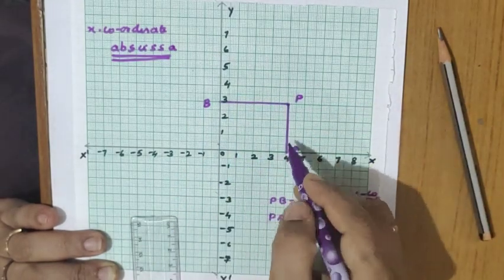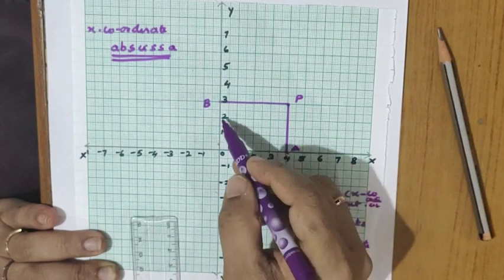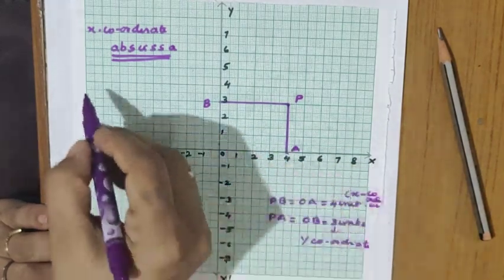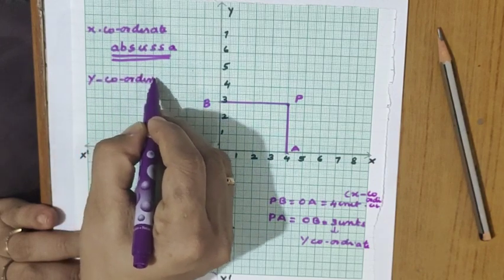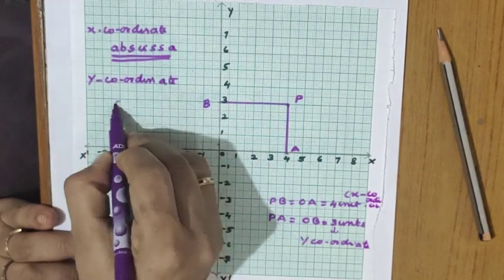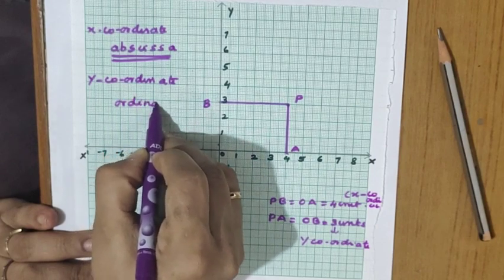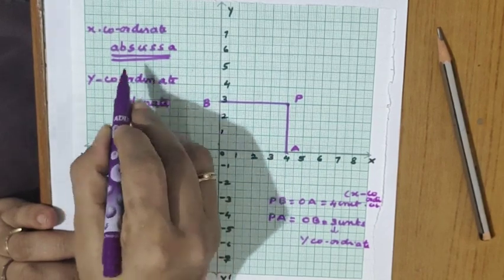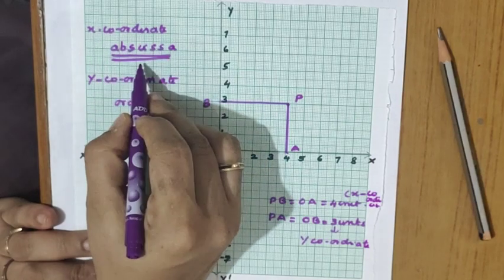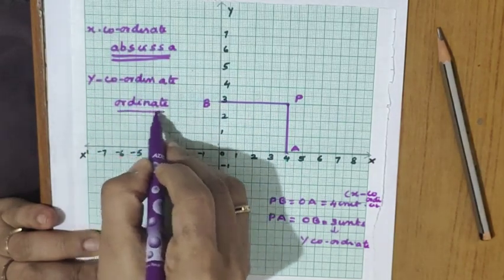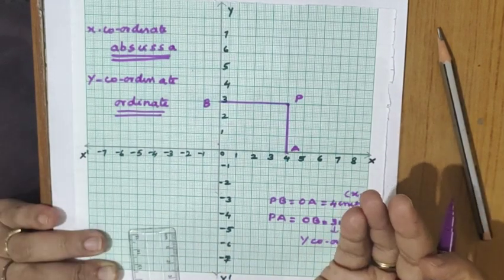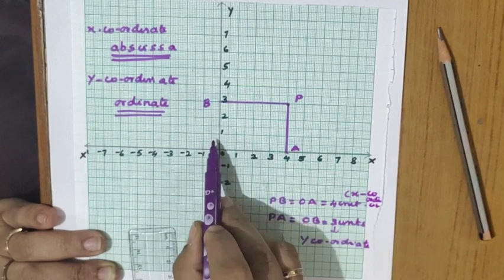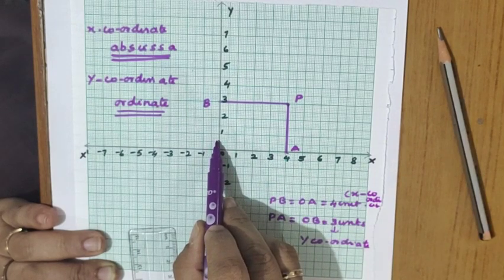So that is the definition. The y-coordinate is called the ordinate. So don't confuse it with the word coordinate. When we call the x coordinate the abscissa, the y coordinate is just called the ordinate. So got this idea? The x coordinate is the perpendicular distance from the y-axis measured along the x-axis, and the y-coordinate is the perpendicular distance from the x-axis measured along the y-axis.